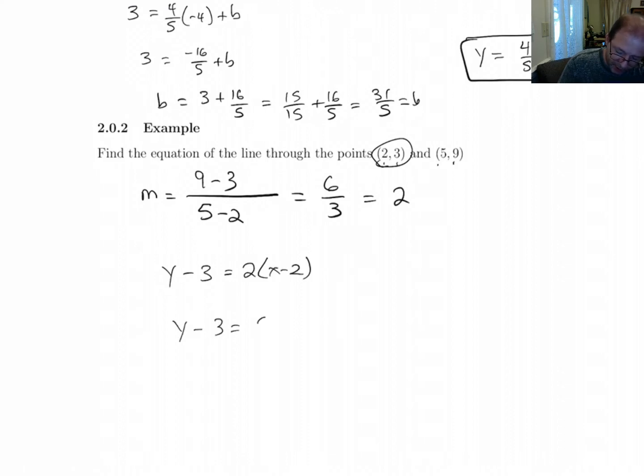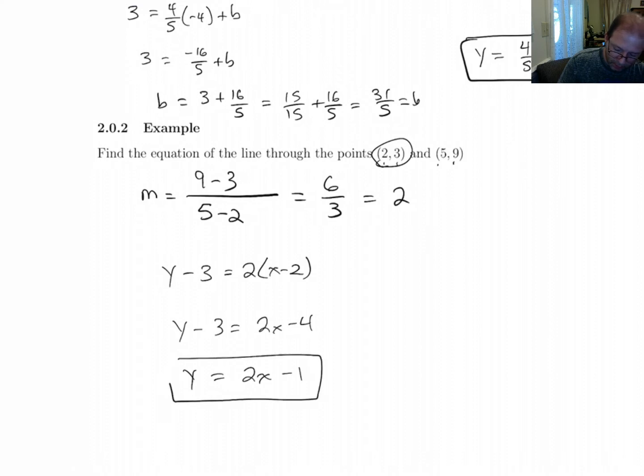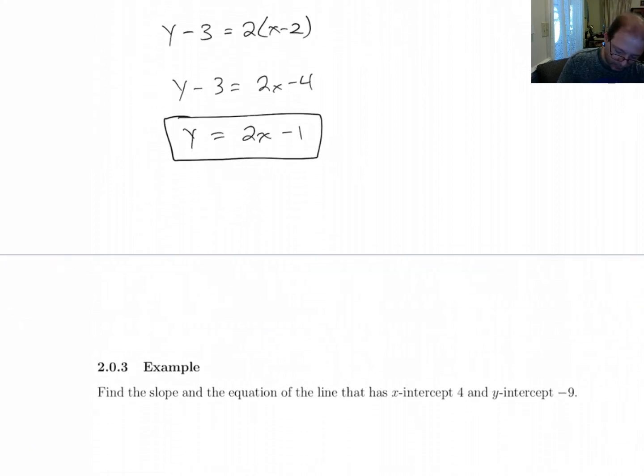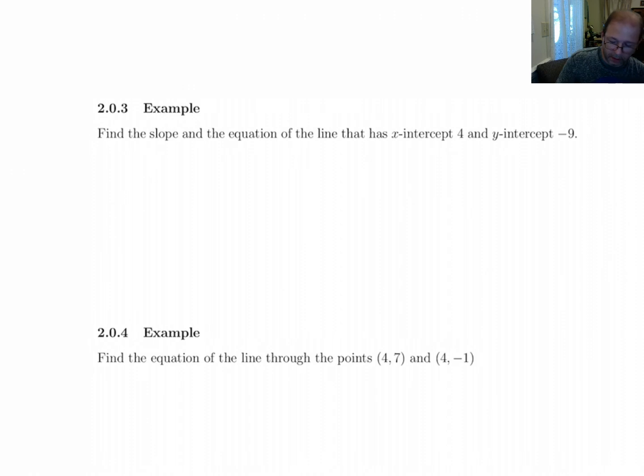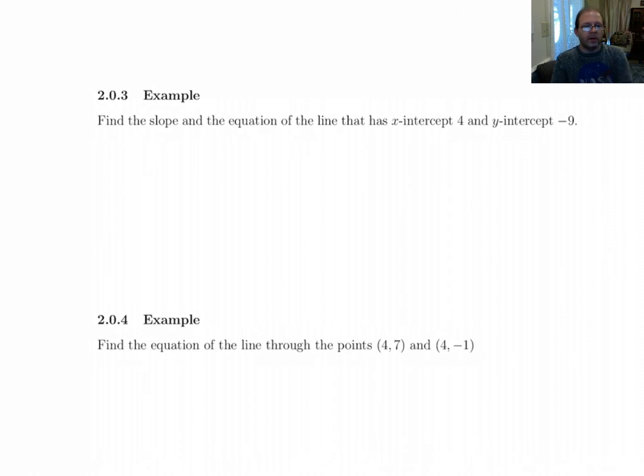So I get y minus 3 is 2x minus 4, or y is 2x, let's see, minus 1.